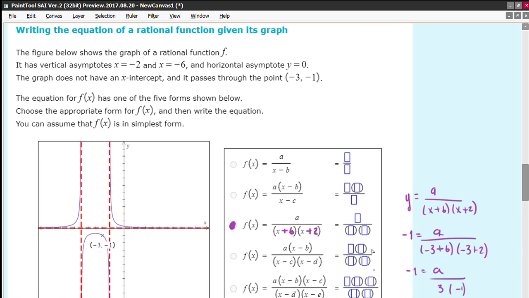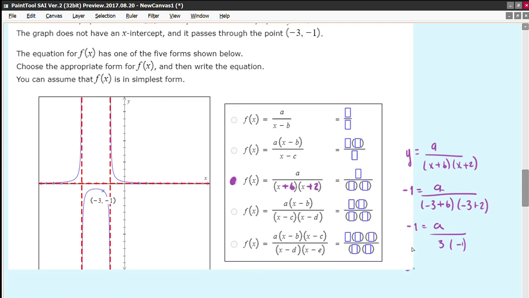So -1 equals a over -3. If I want to solve for a, I just have to multiply both sides of the equation by -3. So on this side, we have a, and -1 times -3 gives 3. So a should be 3.